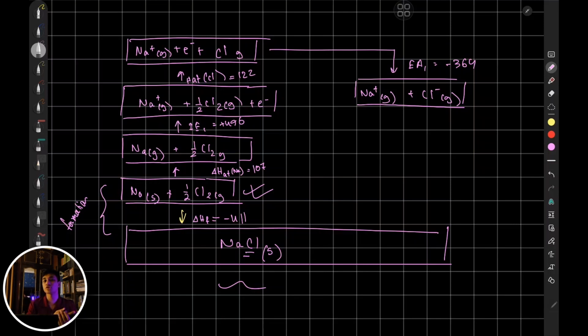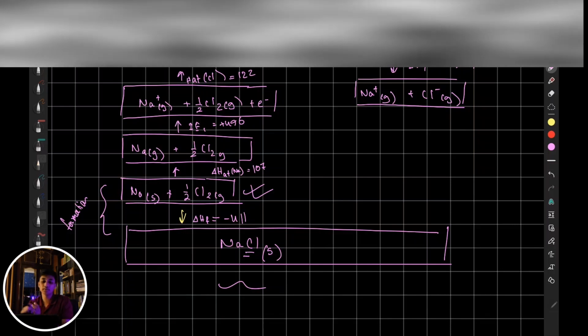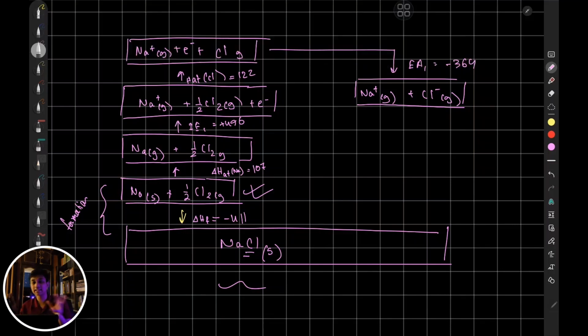You know the definition of lattice energy, where it mentions it's the amount of energy released to form an ionic compound from its constituent ions in the gaseous state under standard conditions. Therefore, we can draw another arrow where it's definitely going to be downwards. Why? Because lattice energy for formation is always going to be an exothermic process, because bonds are going to be formed, and that is always true.